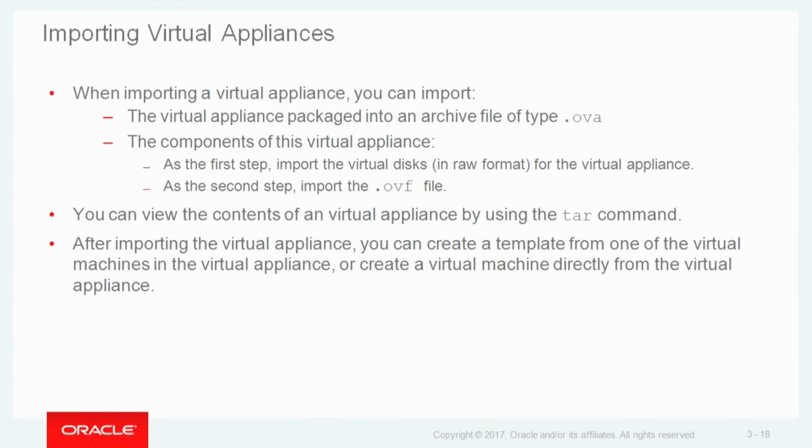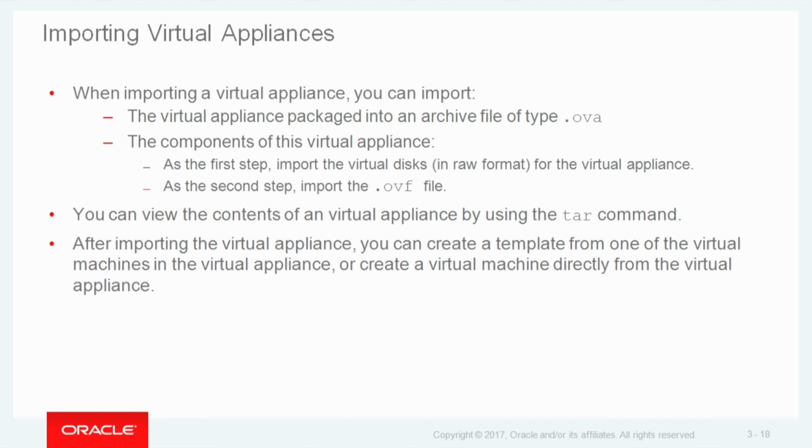With the components of the virtual appliance, typically they are the virtual disk in raw format, and in addition to this they contain the OVF file, which describes the information about this appliance. So as the first step, import this virtual disk in raw format.